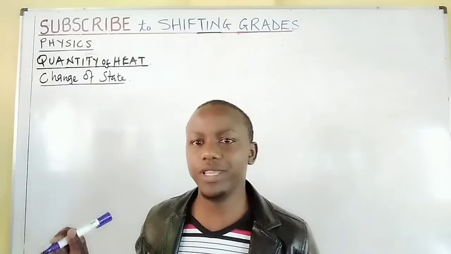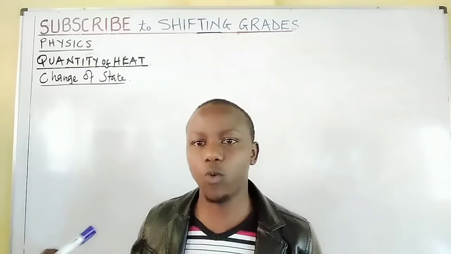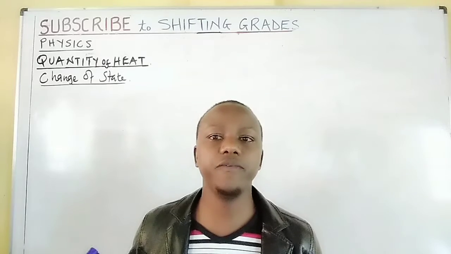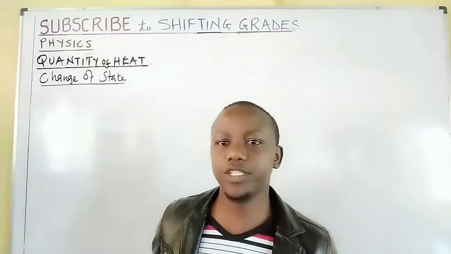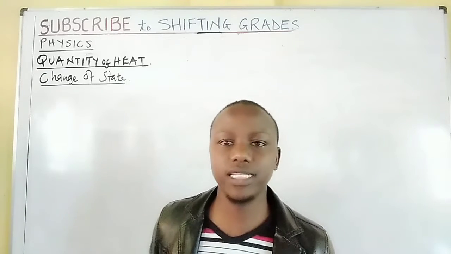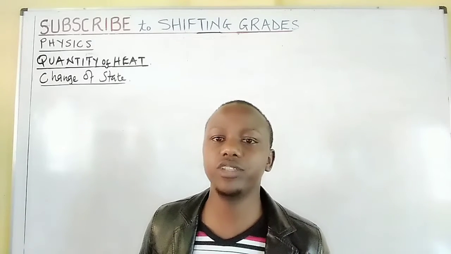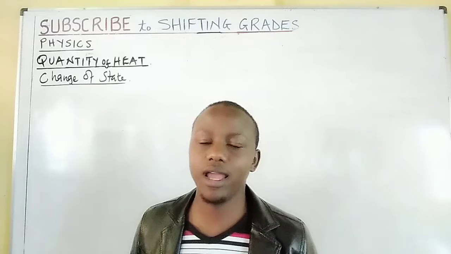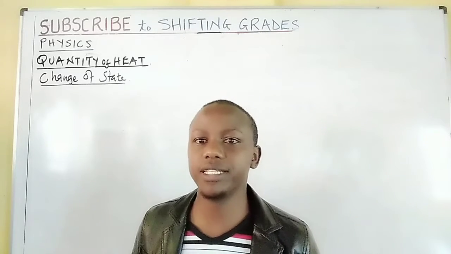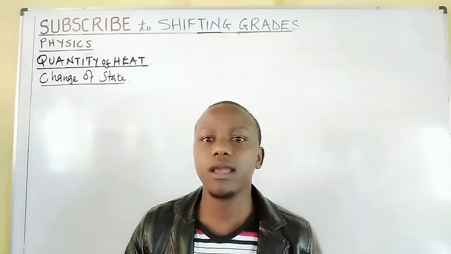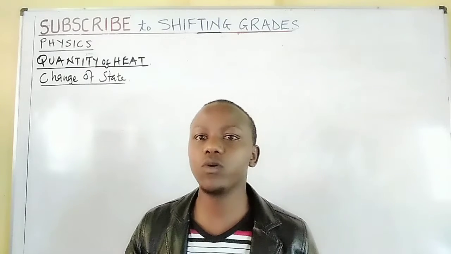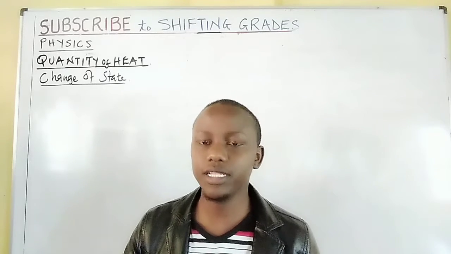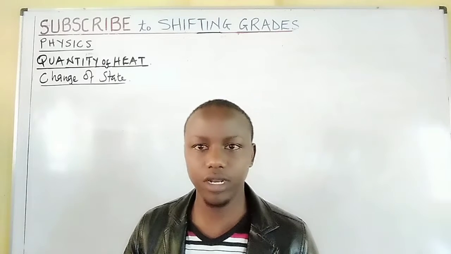I would like to continue with the topic quantity of heat, whereby we've discussed it and so far so good. We now continue with the change of state, because we say that matter can change from one state to another due to temperature differences. In the former lesson, I had introduced something called latent heat of fusion.